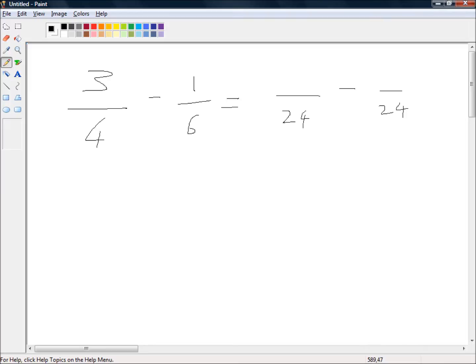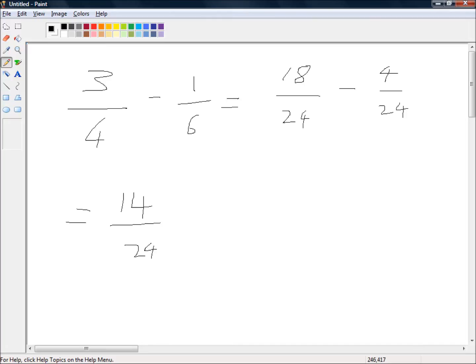So 3 times 6 is 18. 1 times 4 is 4. So 18 minus 4 is 14. So 3/4 minus 1/6 is 14 over 24.